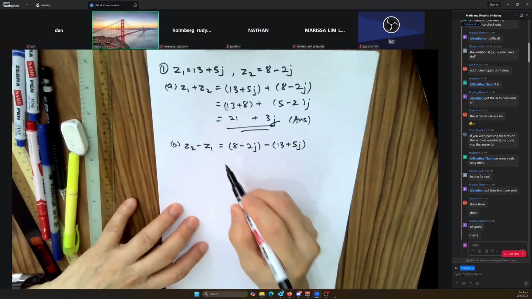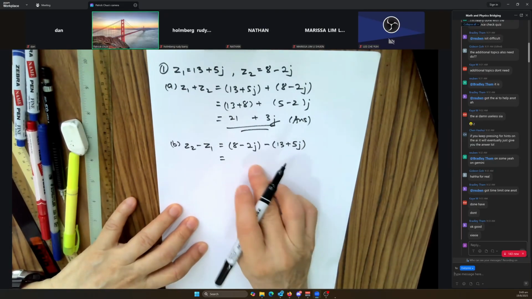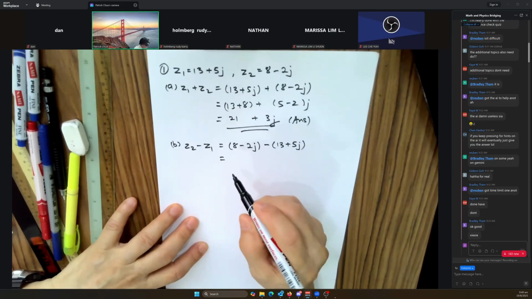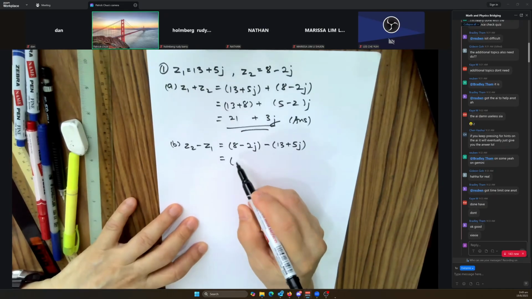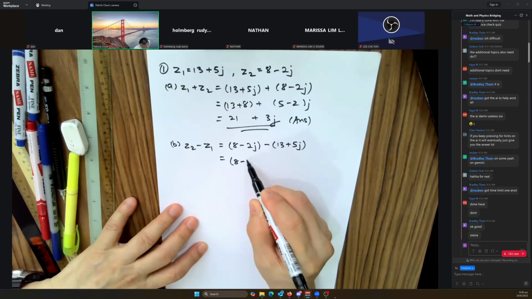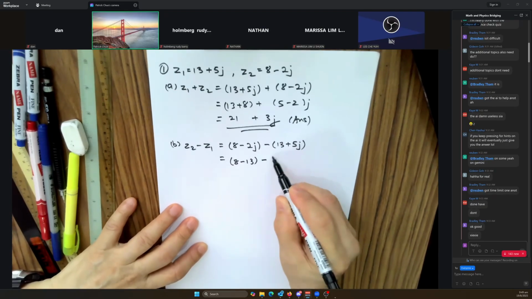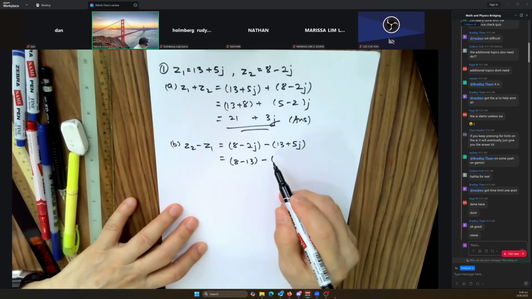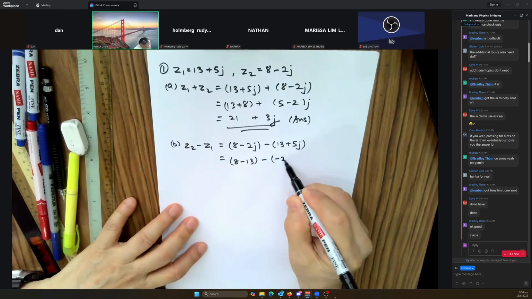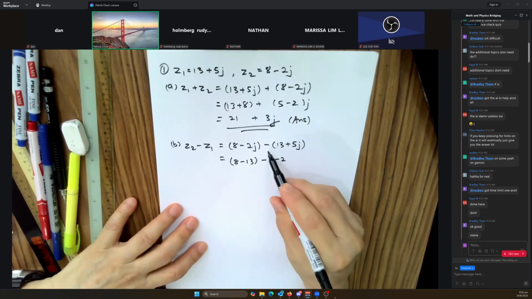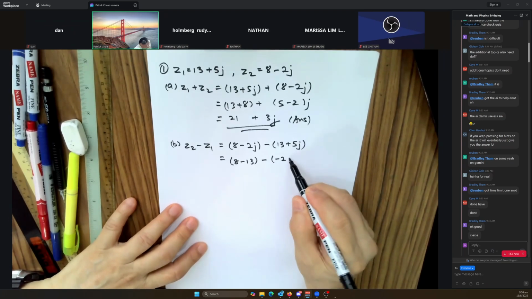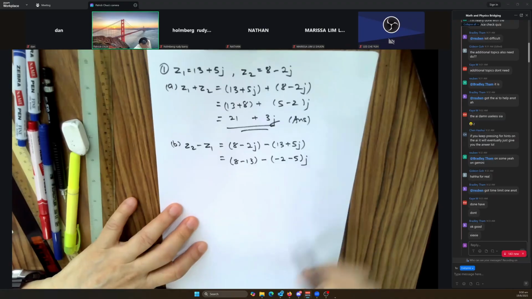You put all the real parts together, that will be 8 minus 13, then you put all the imaginary parts together, so we have minus 2, then minus 5J.